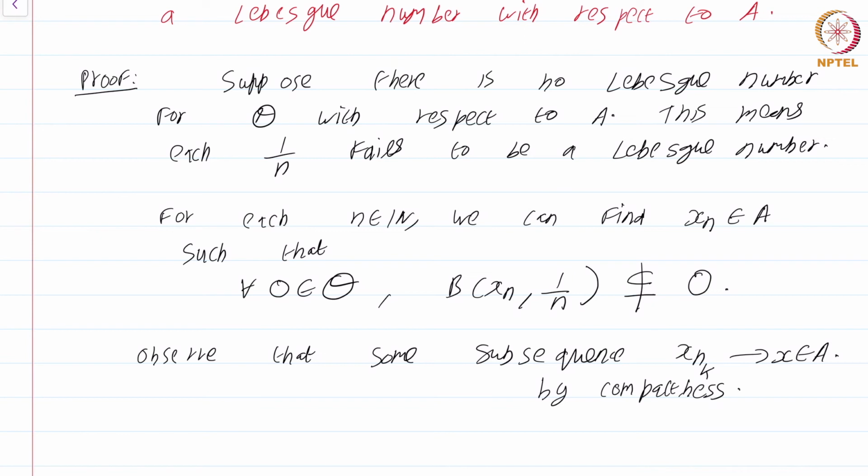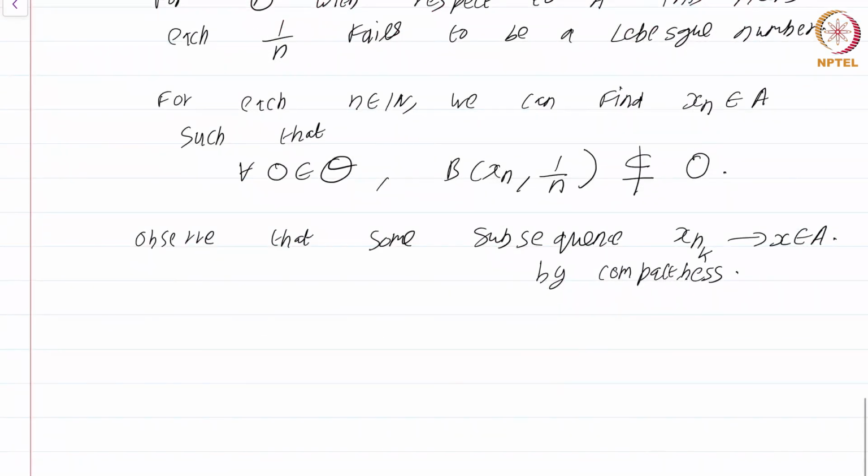Compactness ensures that there will be a subsequence that converges to an element in A. Okay. Now what do I do with this? Well, I will state it this way.